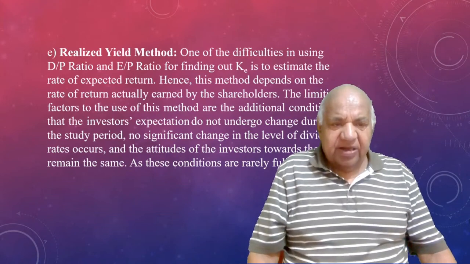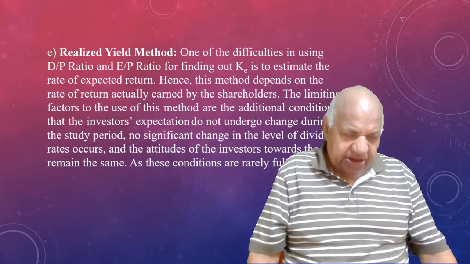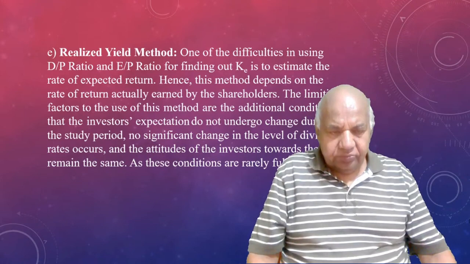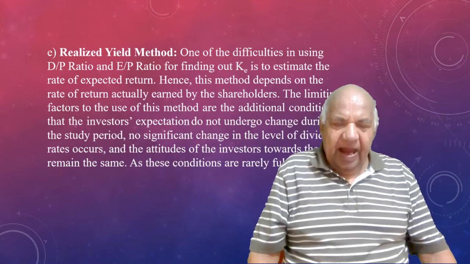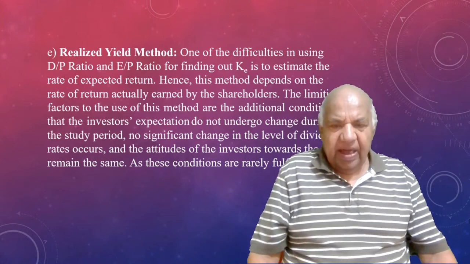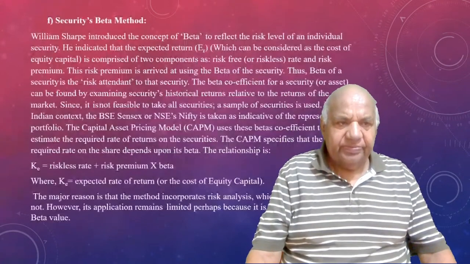The limiting factors to the use of this method are the additional conditions that the investors' expectations do not undergo change during the study period, no significant change in the level of dividend rate occurs, and the attitude of the investors toward the risk remains the same, as these conditions are rarely fulfilled.